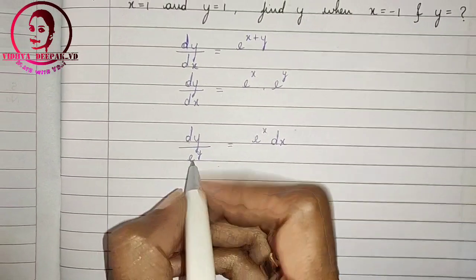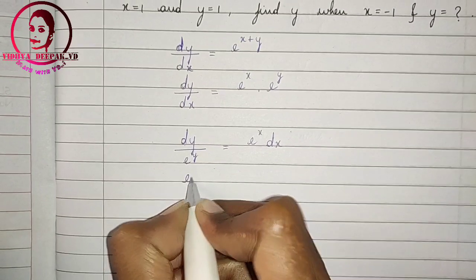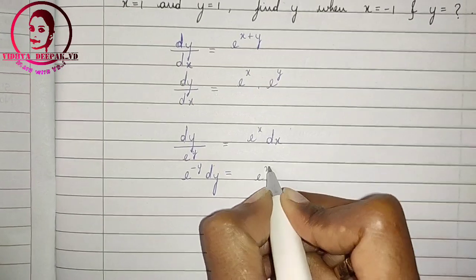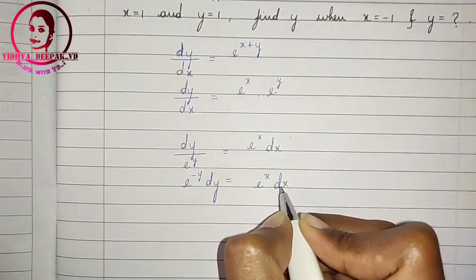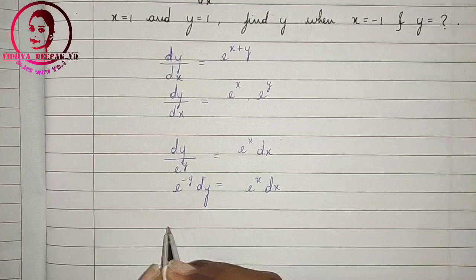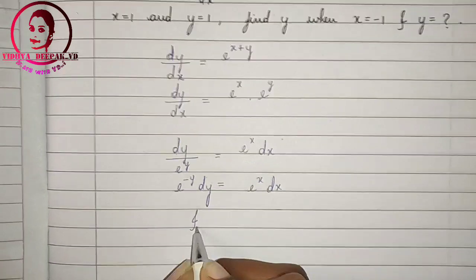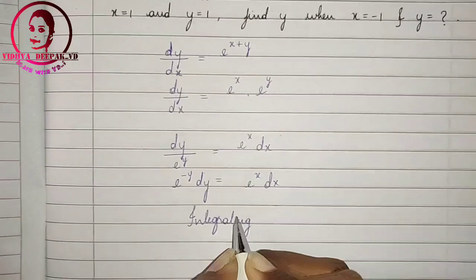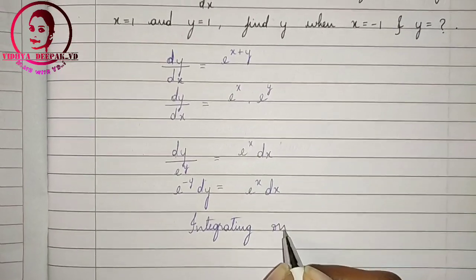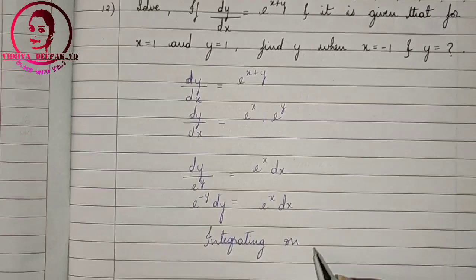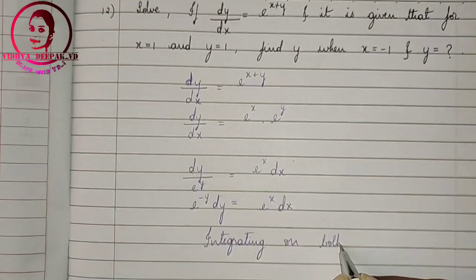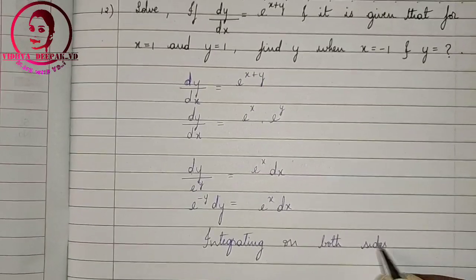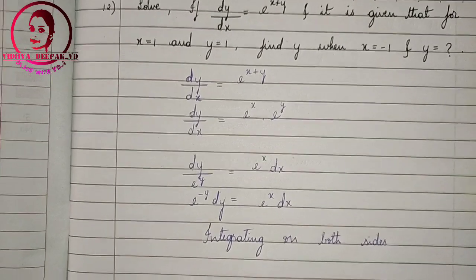So this can be written as e to the power of minus y dy is equal to e to the power of x dx. Now integrating on both sides, what do we get?